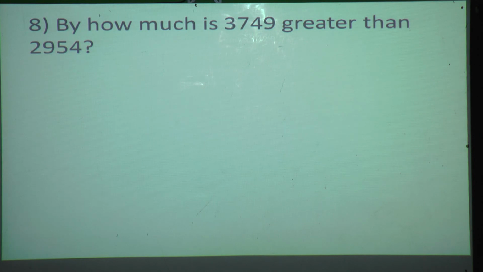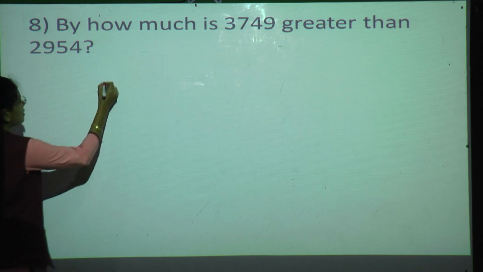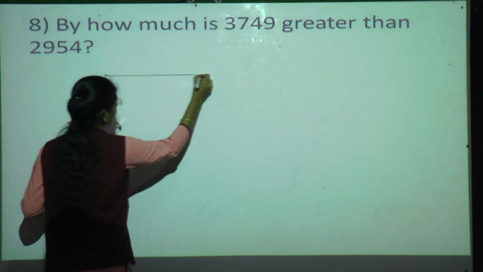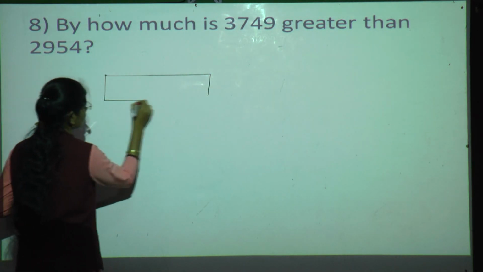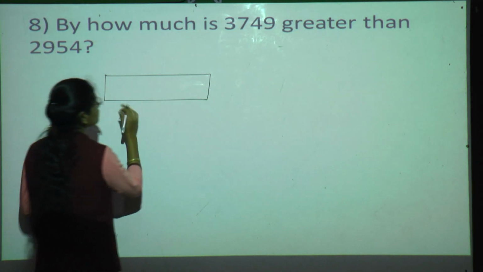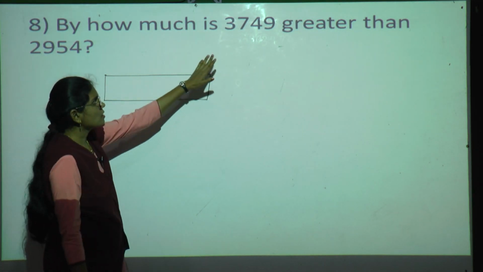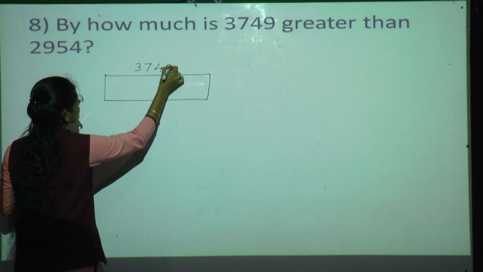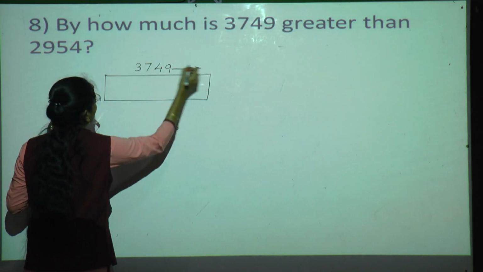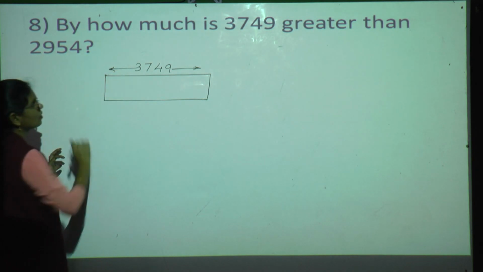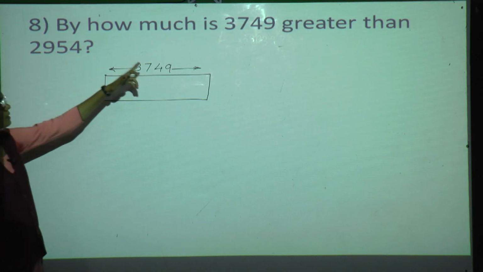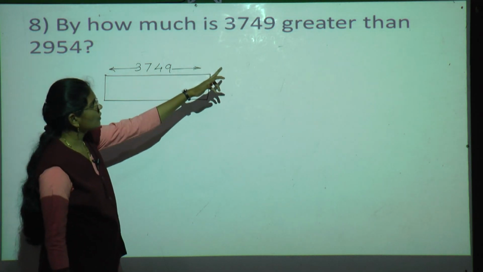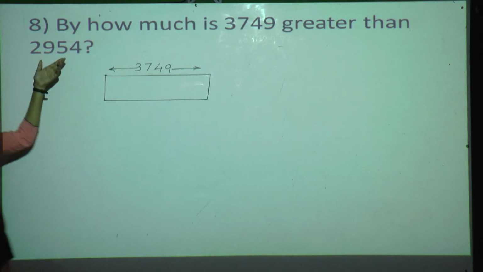See what hint it gives us. It gives us one picture. You can see it in your textbook also. This full part is 3749. Now, by how much is 3749 greater than 2954?